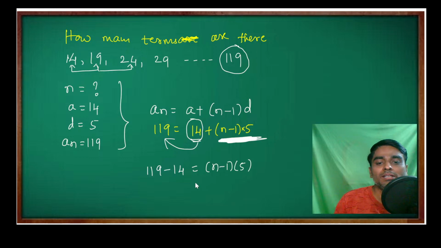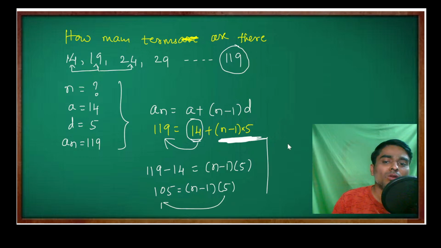What is 119 minus 14? 105 equals n minus 1 into 5. Now bring this 5 here: 105 by 5 equals n minus 1.